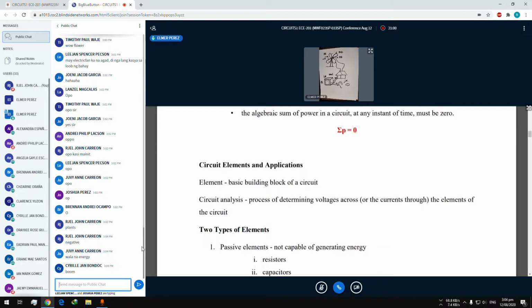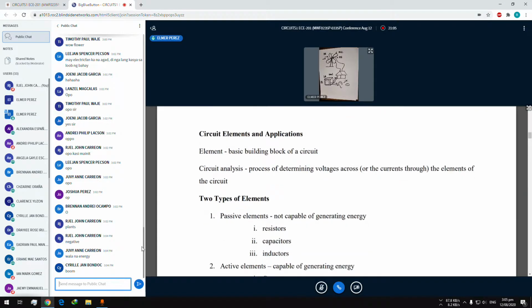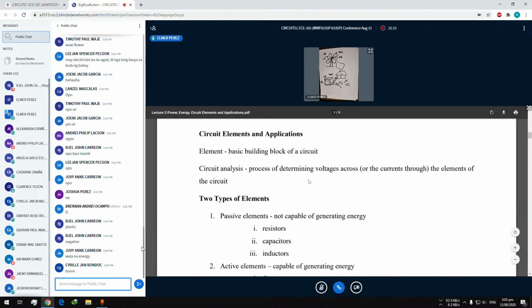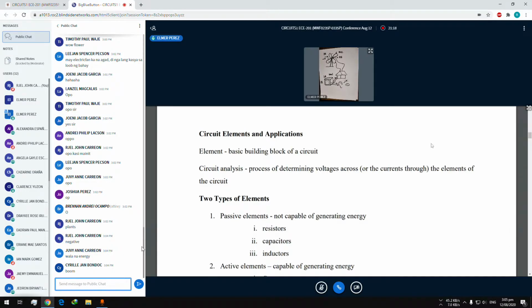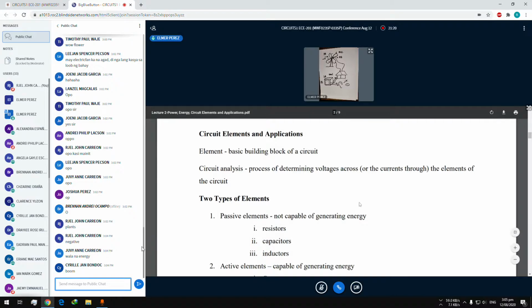Yeah. So let's go to the circuit elements and applications. Elements are our basic building blocks of circuits, and circuit analysis is the process of determining voltages across or currents through these elements of the circuits.